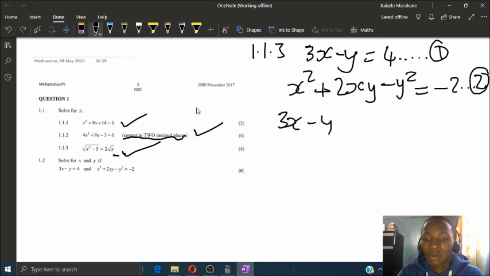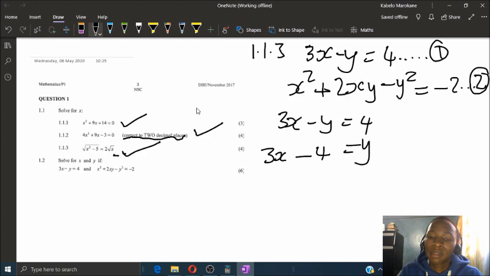3x minus y equals 4. So we want to make y the subject of the formula. So I'll take y to the other side, and be left with 3x, and then take minus 4 to the other side.